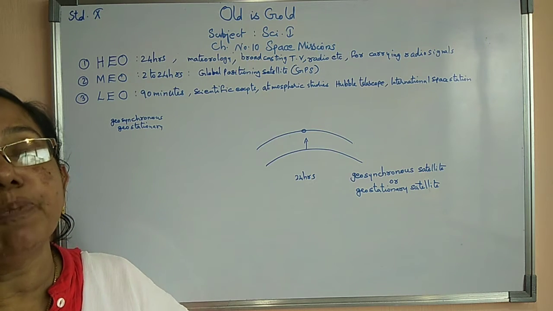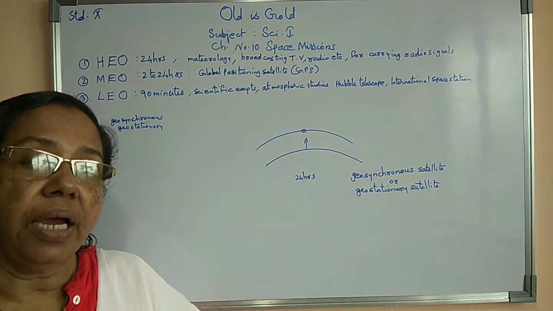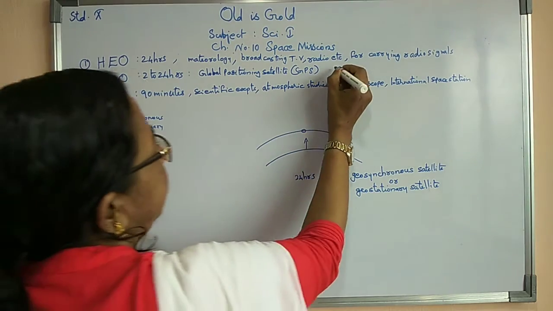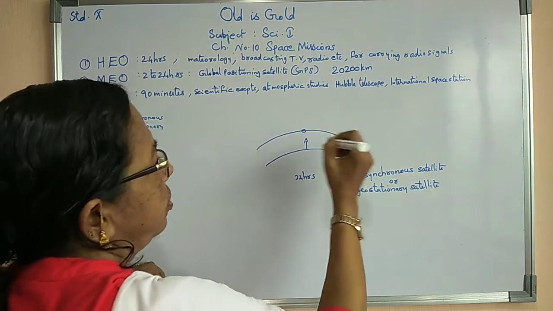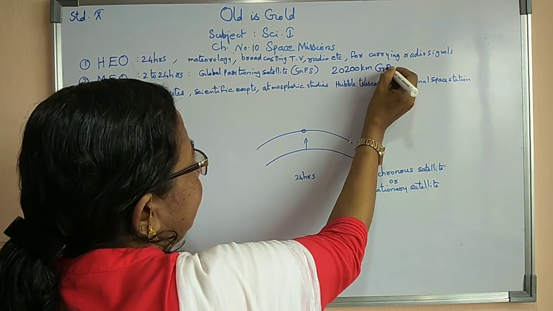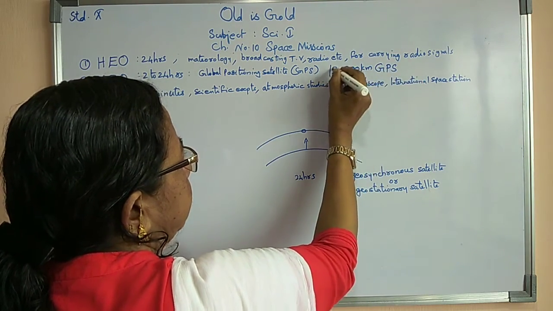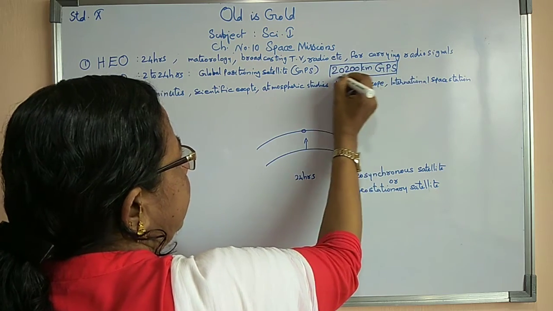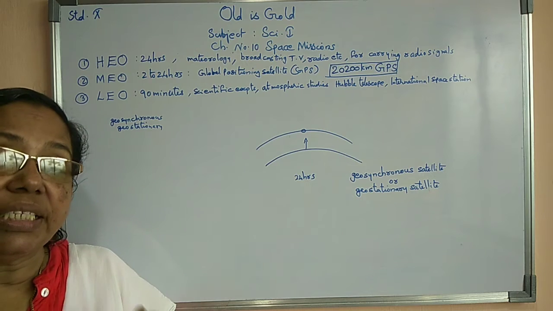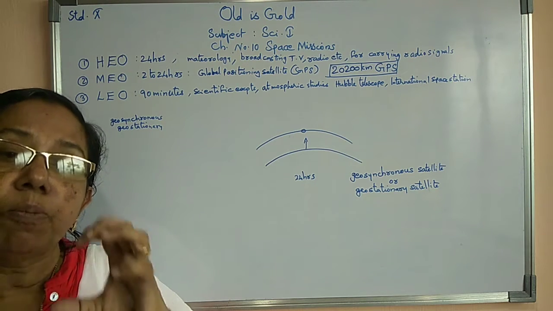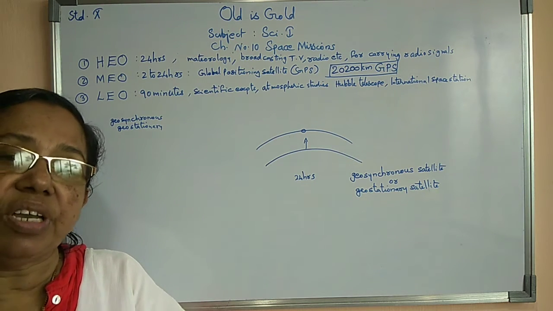We can say positioning satellites. Now here, 20,200 kilometers far from the surface of the Earth, GPS is fixed and kept. GPS, its full name is Global Positioning Satellite. It gives us the accurate position of the things we need to find out.